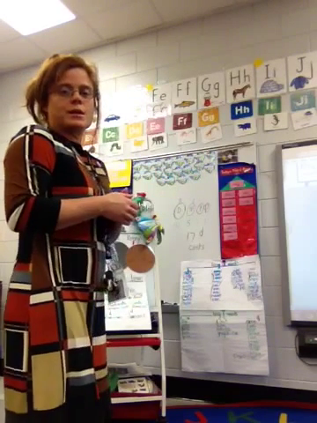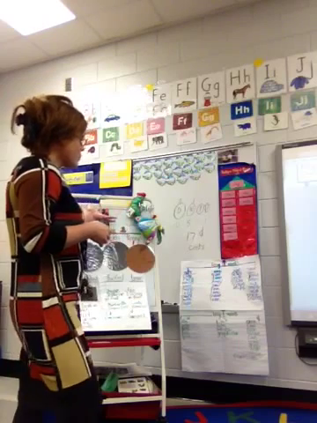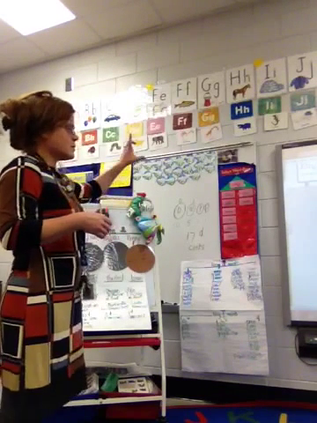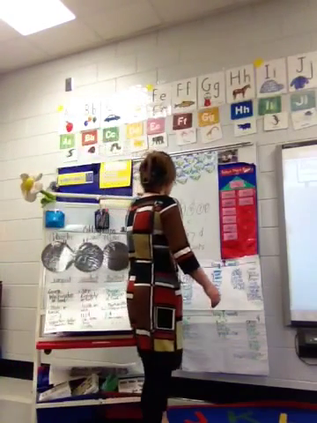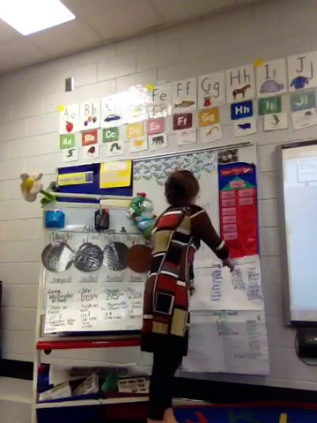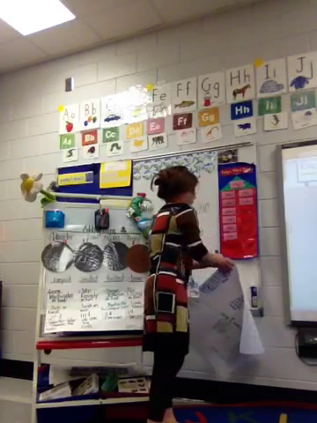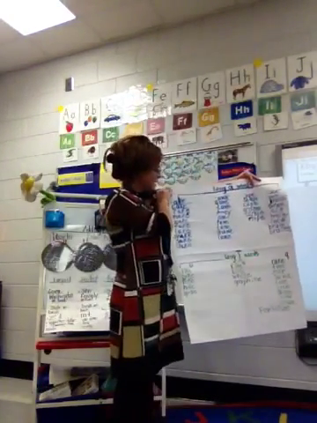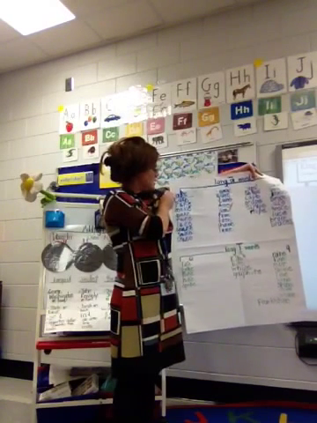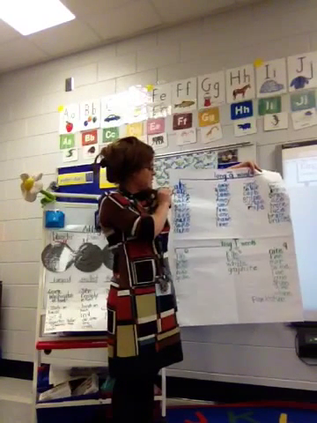We've recently been working with long A words, so I made a chart using the tree map. At the top it says long A words, and we've broken the words down into word families. For instance, the ake family with magic E, we have cake and rake.